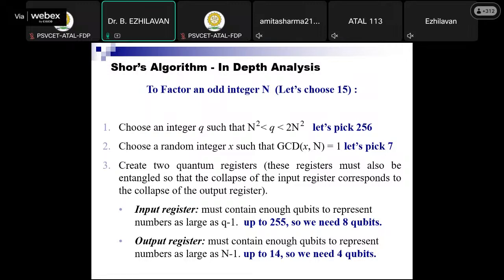Okay, now we are going to use two quantum registers, which must also be entangled so that the collapse of the input register corresponds to the collapse of the output register. What affects the input register will be affected in the output register also. See here, one register is input and another one is output.